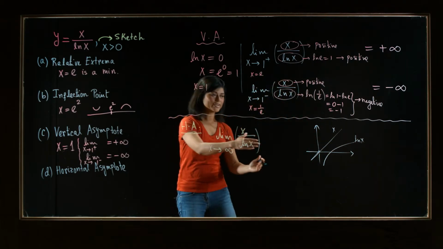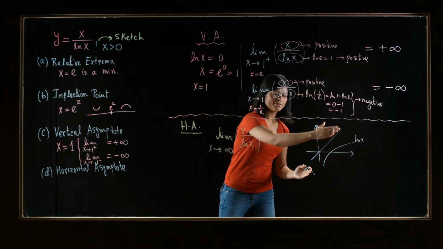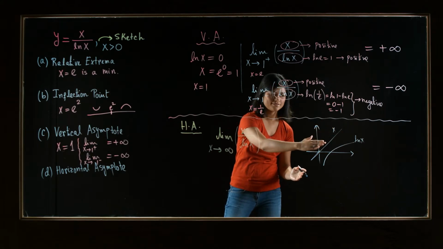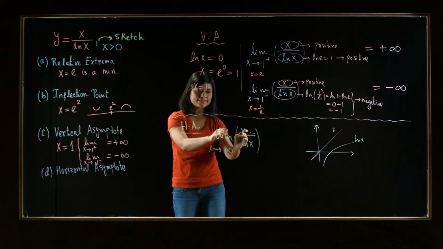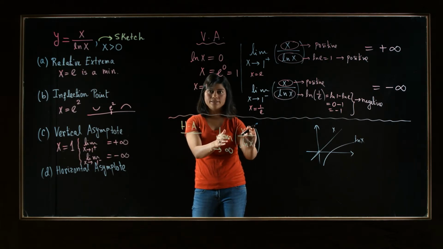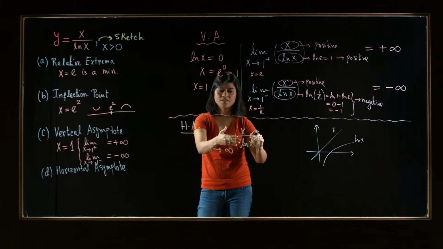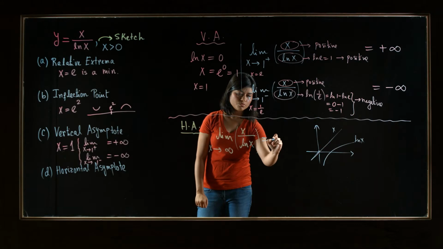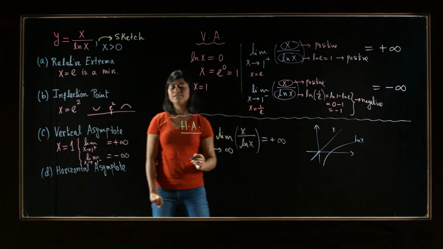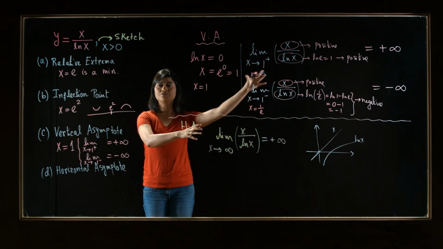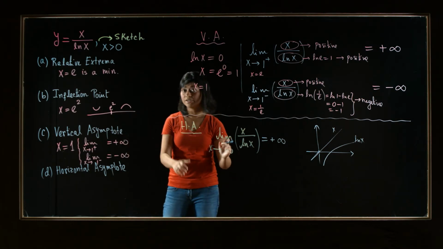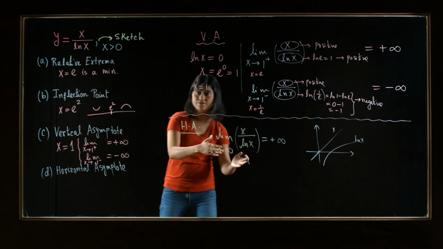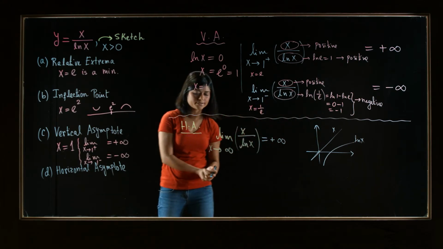So which one is increasing faster? Of course, the top one, the x. This is over ln of x. So even though both of them are increasing, the numerator will be increasing faster. And so this whole thing will go to positive infinity as well. This entire function is increasing. All right, so that's one of them. So there is no horizontal asymptote because the function will be increasing as x is increasing.